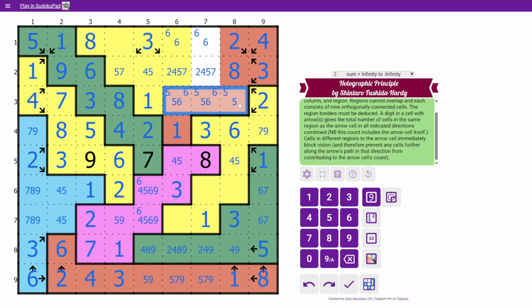Five, 7, 9. So that will be red's 9. It'll be red's 5, and it'll be red's 6. 1, 2, 3, 4, 5, 6. So it only needs a 7. A 7 could still be at the top, though.